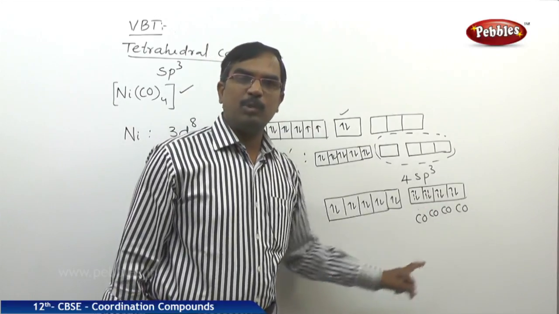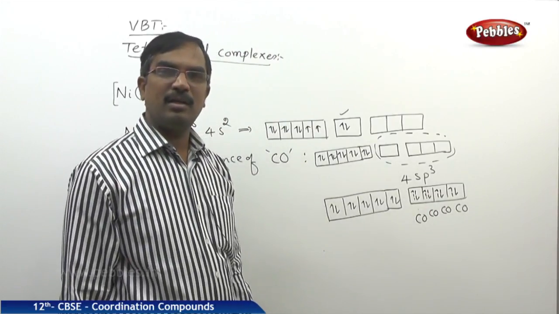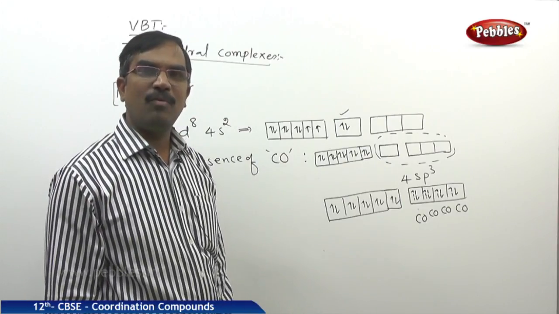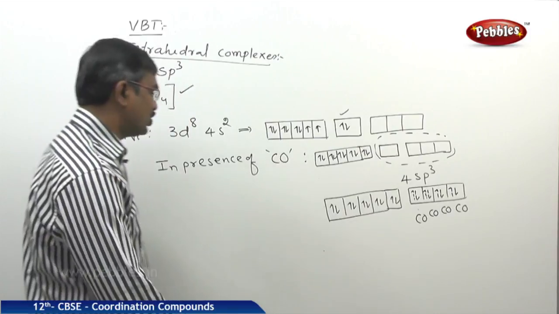So all four provide lone pairs, and the nickel tetracarbonyl complex is formed.